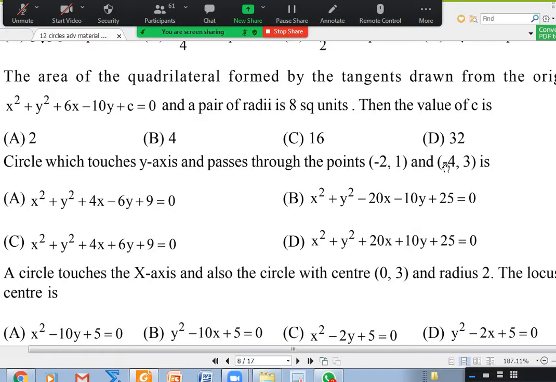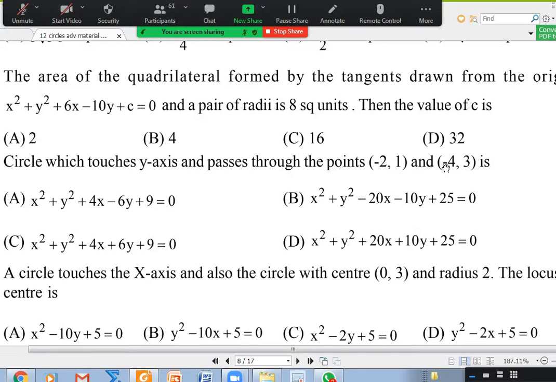Okay, I'm arranging what is on the board. This is a simple question, similar to what we came across, just because two answers are given as more than one answer.